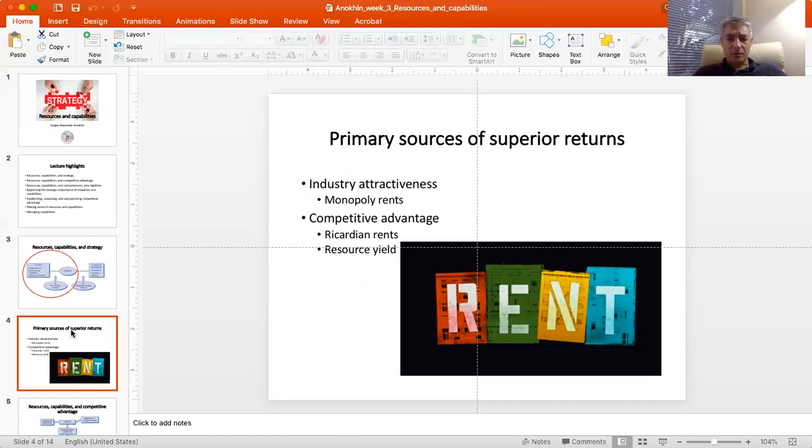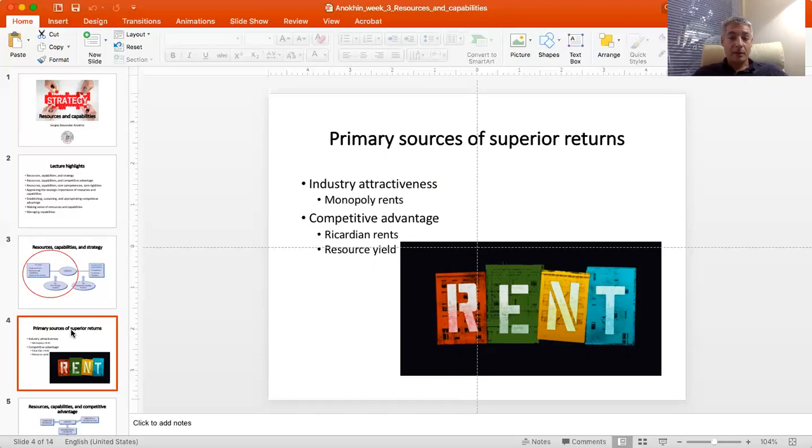Just a quick, I guess, lyrical digression. For those of you who have come from an economics background, you probably have heard the terms monopoly rents and Ricardian rents. Monopoly rents have to do with basically a firm occupying a position of power, having access to some resource, maybe land or natural resources, whatever the case might be.